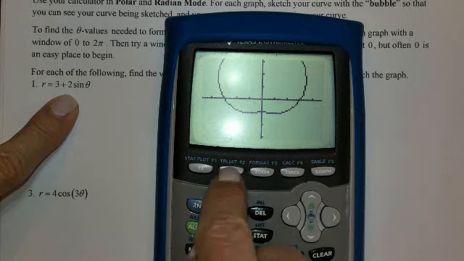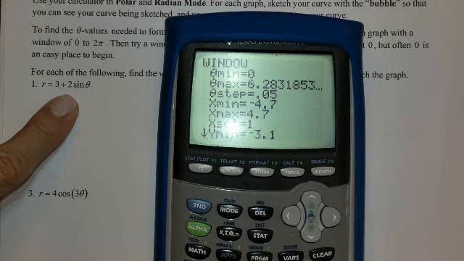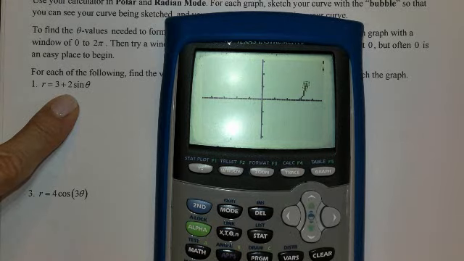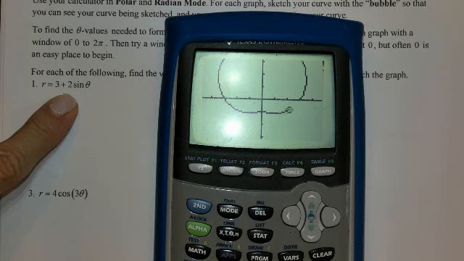Because what if we went, instead of to 2 pi, what if we went to 3 pi? Then we're going to get more theta values than we want, right? It's going all the way around to 2 pi, slowly, and then it's going to keep on going.